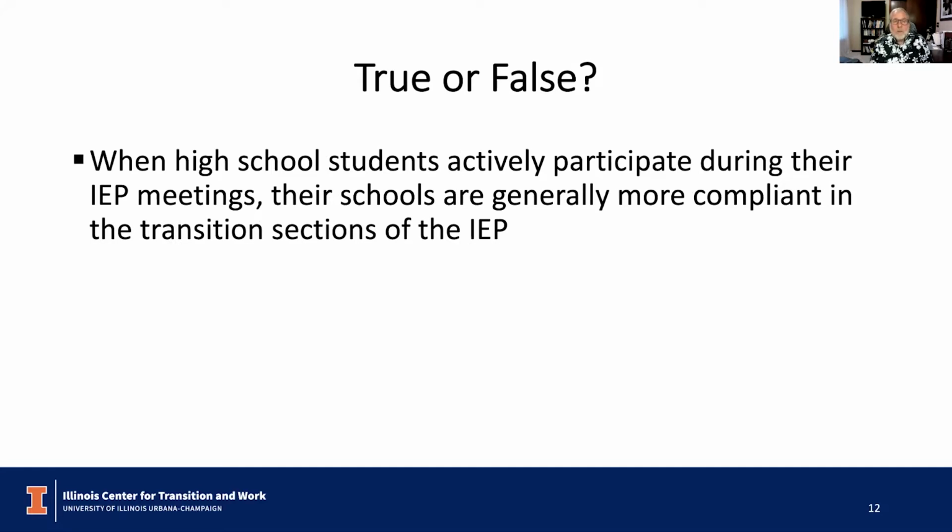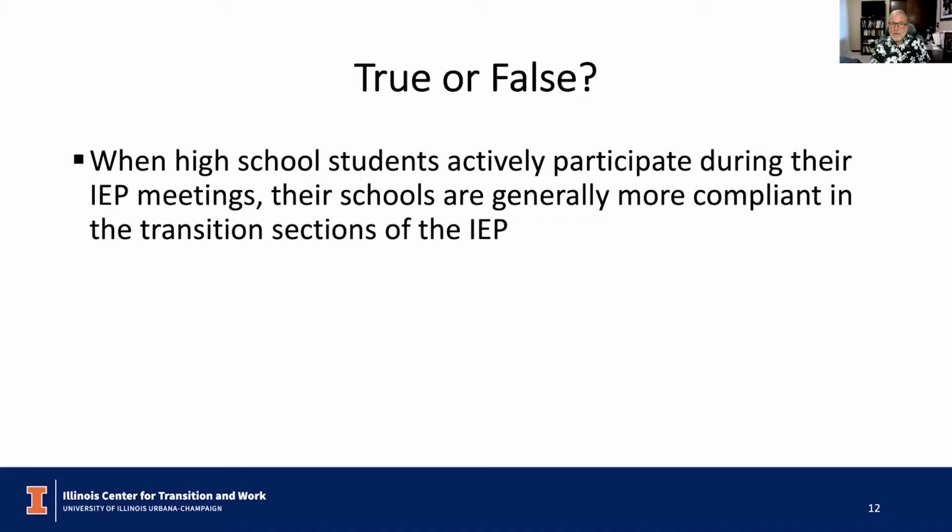Another true-false question: when high school students actively participate during their IEP meetings, their schools are generally more compliant in the transition sections of the IEP. In other words, if you know this, it's the Indicator 13 scores that measure compliance, transition compliance in the IEP.